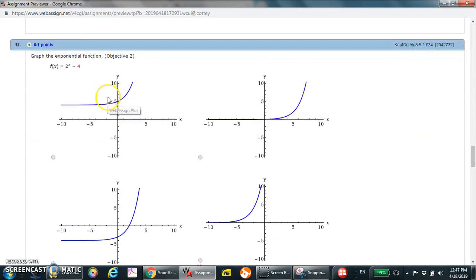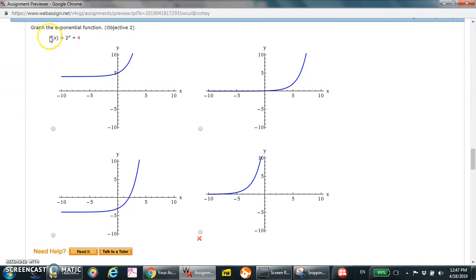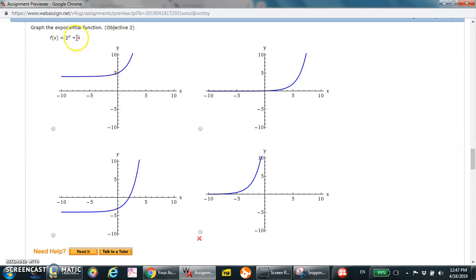Now for question number 12, we want to graph this function. Please remember that this function is not the standard exponential function, because the standard exponential function is f(x) equals b to the power of x. Now here we have 2 to the x plus 4.